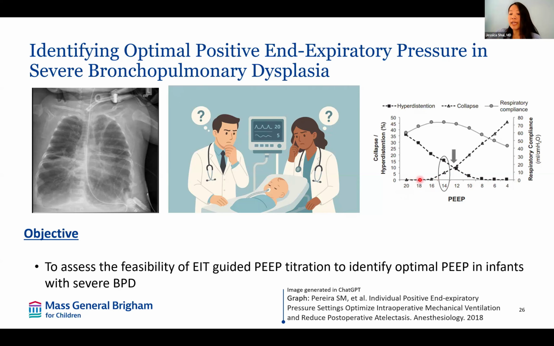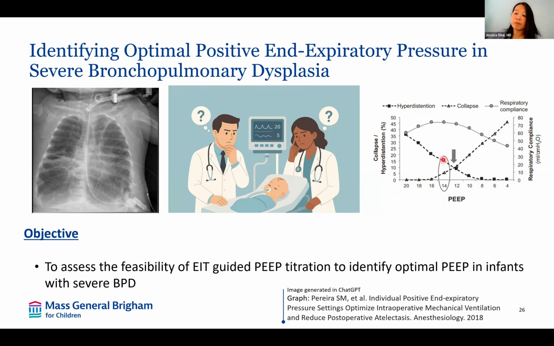And you'll see as you go down on PEEP levels, as expected, the amount of atelectasis, or collapse, increases, and the amount of hyperdistension goes down. Some report that the optimal PEEP is where it lines up with the peak of the compliance.